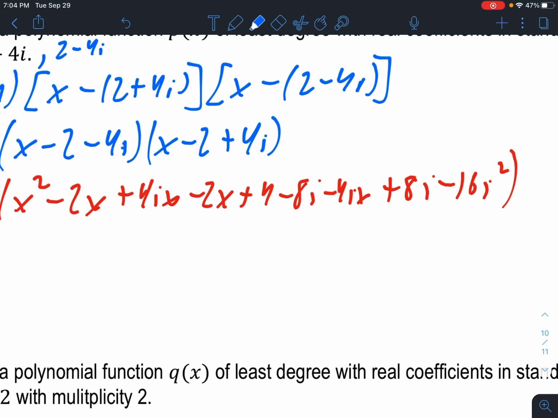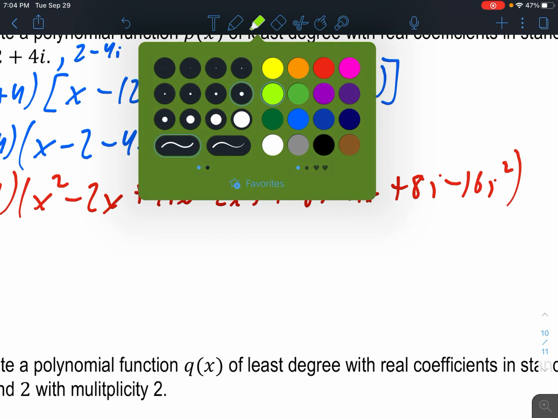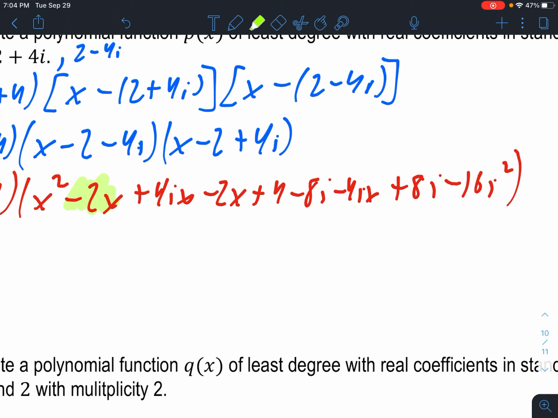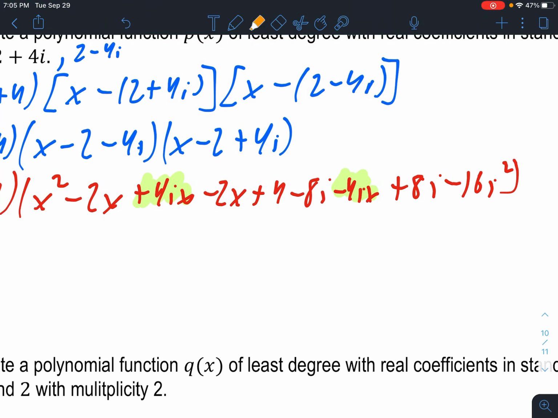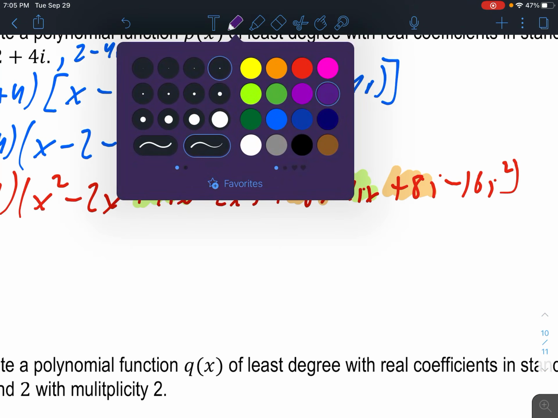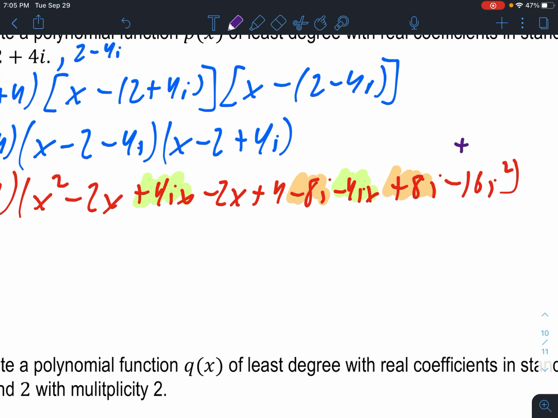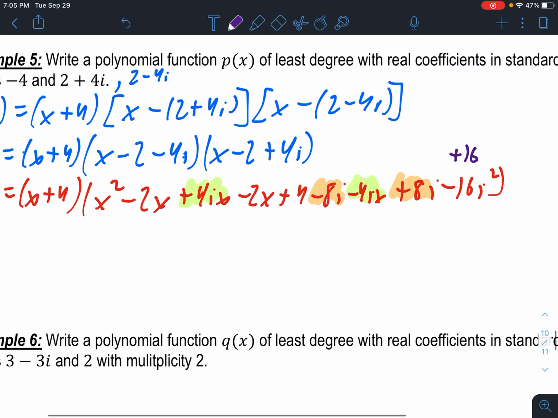A lot going on there. But now we can see negative 2x and negative 2x. We can combine those like terms. We'll do that in a second. Positive 4ix and negative 4ix will cancel out. But also, negative 8i and positive 8i will cancel out. And finally, negative 16i squared is basically just plus 16.